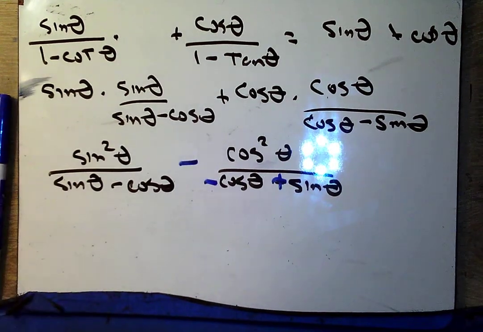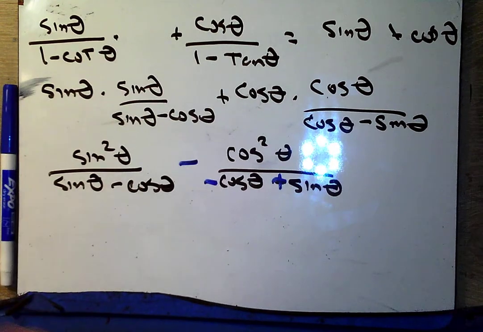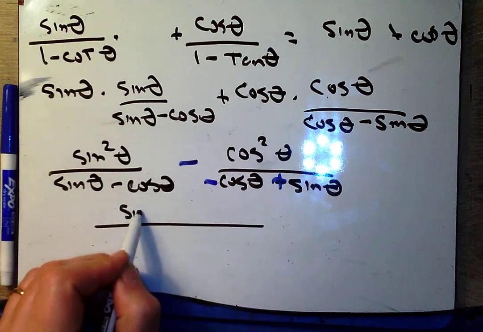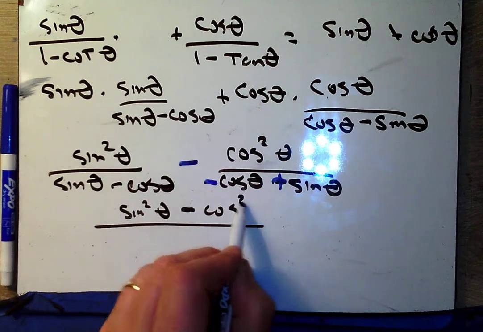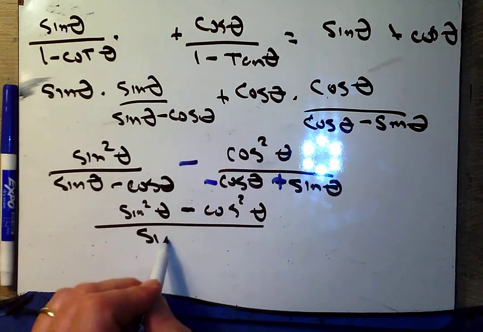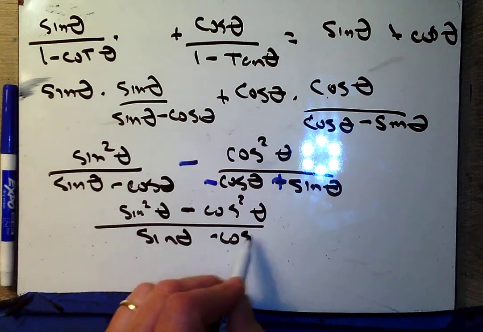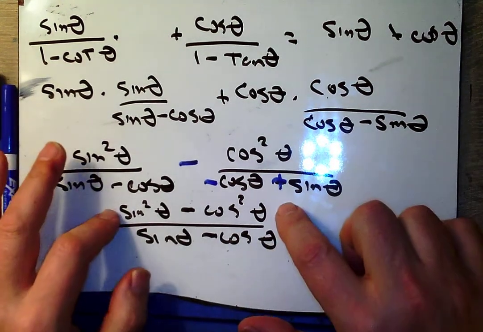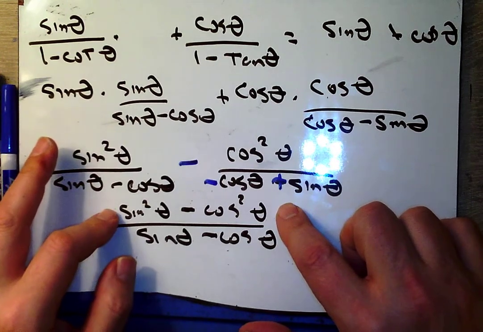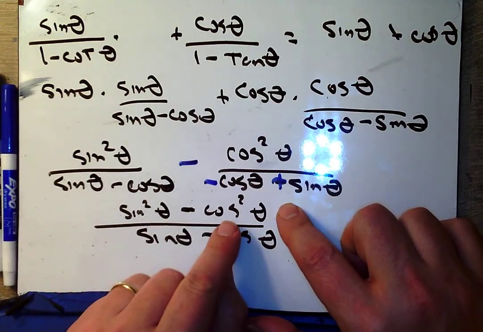Okay, so where does that take me next? Now that I have this common denominator, I can write sine squared minus cosine squared over sine theta minus cosine theta. Now, many students are tempted to say that's equal to 1, but no, it isn't. It's not sine squared plus cosine squared.